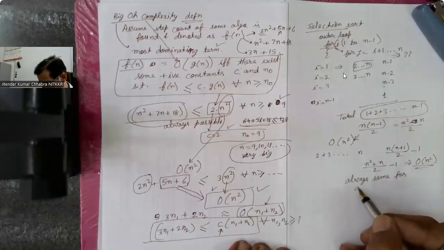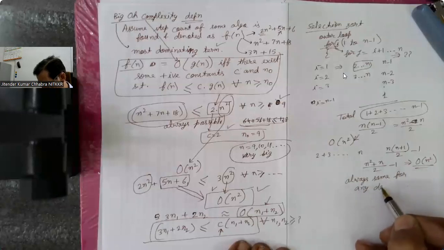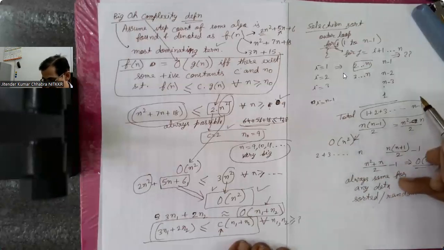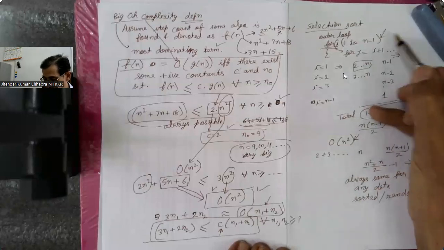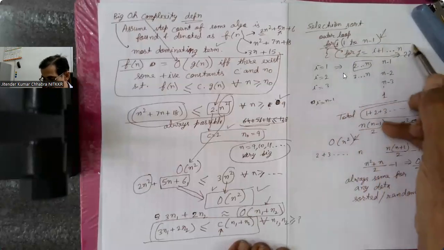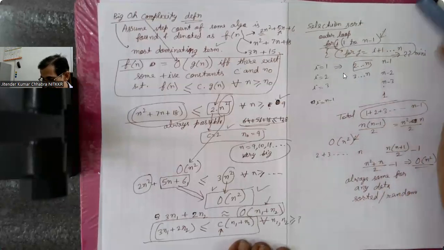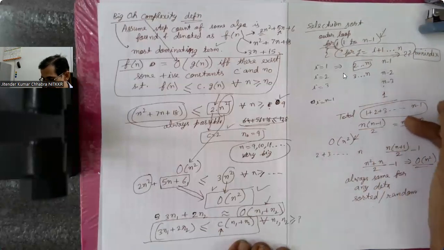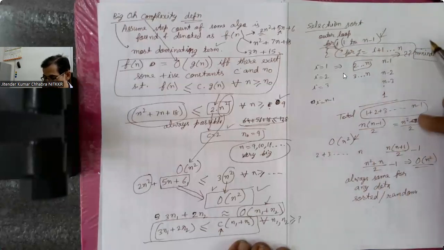Whether you had a sorted list, an unsorted list, or a random list, every time the steps are the same, because the first time you will find the minimum index by comparing all values. Even if the list was sorted, you will go up to the last element to confirm that your min index is properly found.